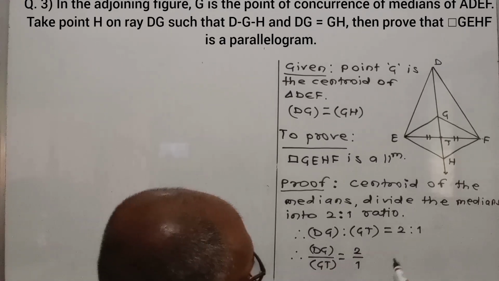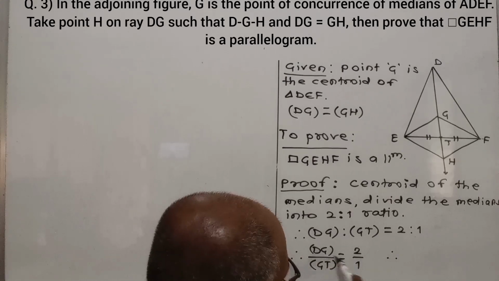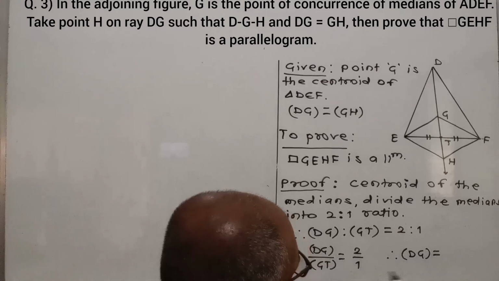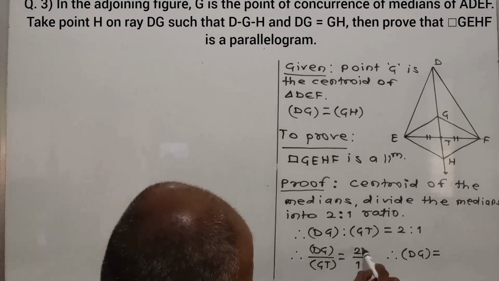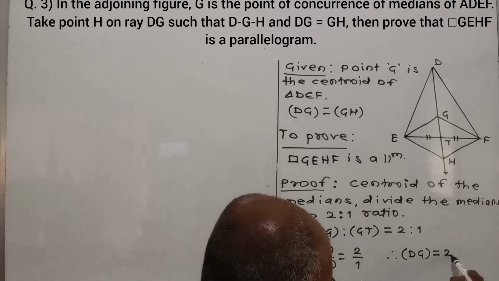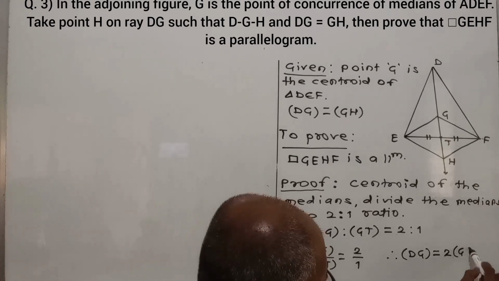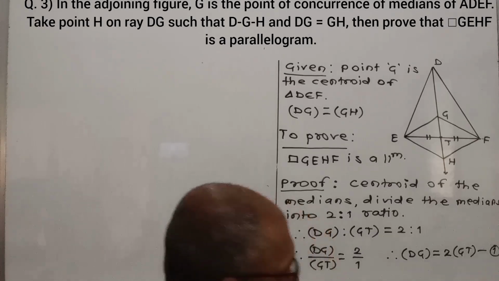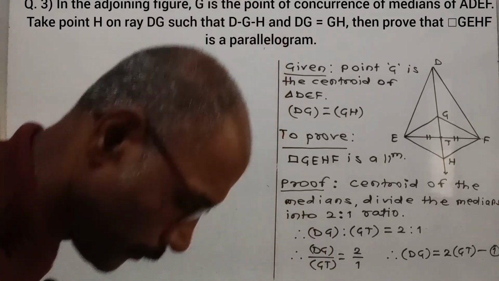Then cross multiplication. Therefore, DG into 1 means DG is equal to 2 into GT. Number 1. Did you get it up to this?